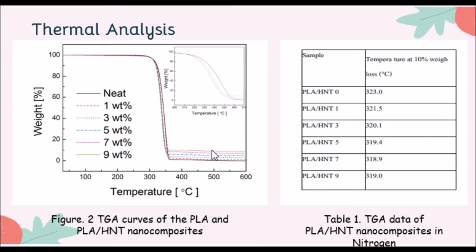And in Table 1, it could be seen that the temperature at 10% loss of the neat PLA was about 323 degrees Celsius. And the temperature at 10% weight loss decreases slightly with the addition of the HNT, to 319 degrees Celsius.